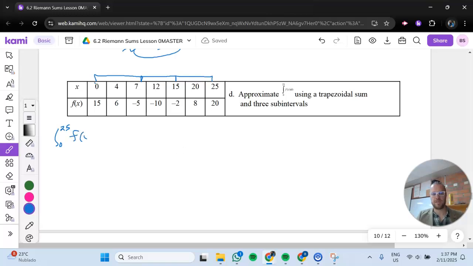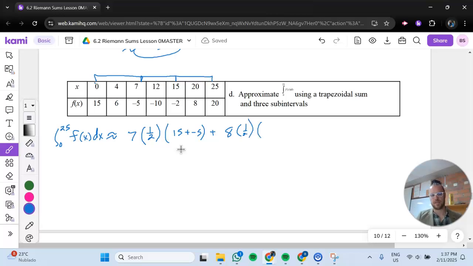So the integral from 0 to 25 of f(x) dx can be approximated by our first width there is going to be 7, and then it's going to be times 1/2 times the 2 heights added together. So in this case, it's going to be 15 plus -5. Our next one in the middle there is going to go from 7 to 15, which is a width of 8, times 1/2.